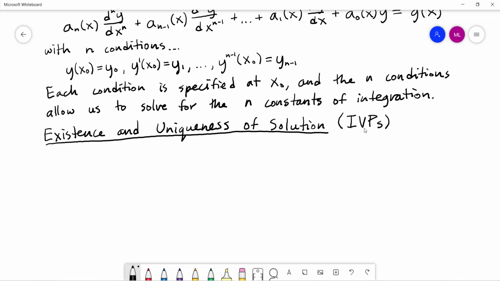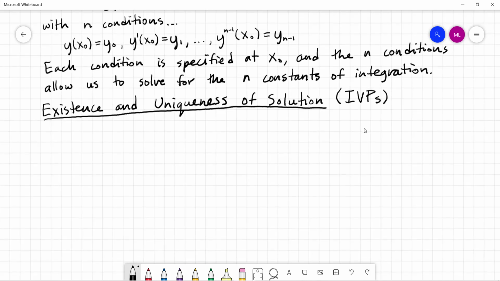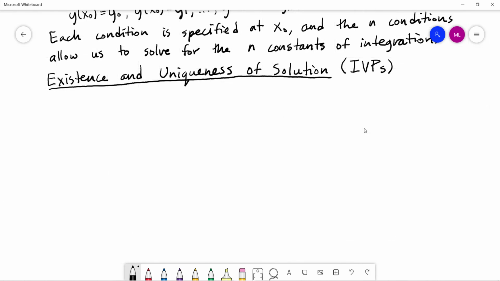Luckily for initial value problems, there is a relatively straightforward theorem. And so I'm going to just write this one down. When it comes to initial value problems, these things aren't too bad.